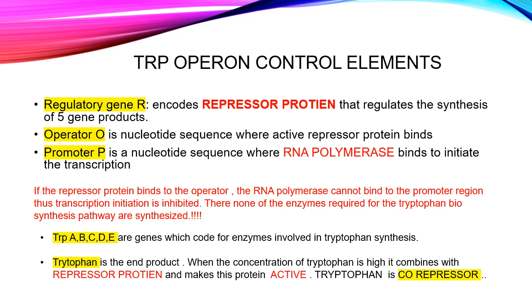And this repressor protein will go and bind to the operator region. And once it binds to the operator region, the transcription is stopped, and the structural genes cannot express themselves. Thus, the tryptophan is considered a co-repressor.